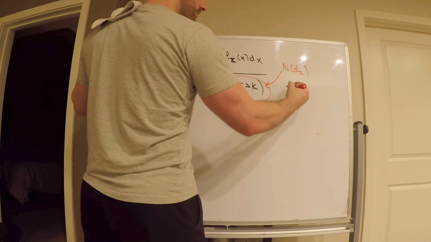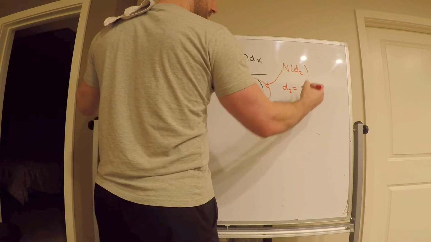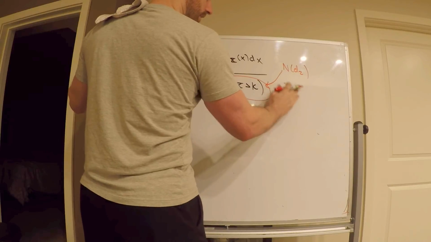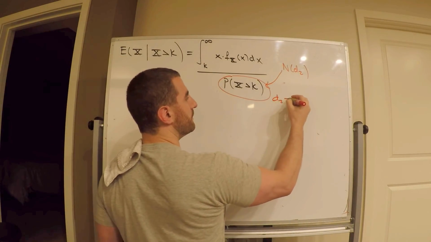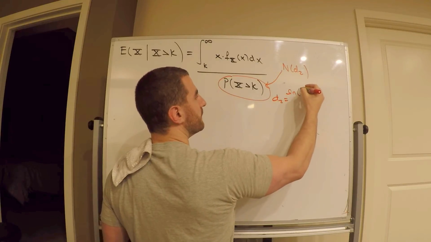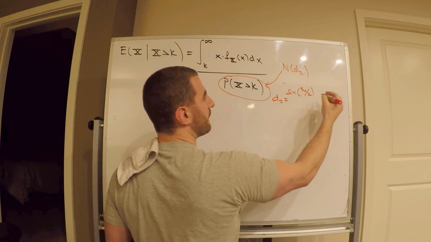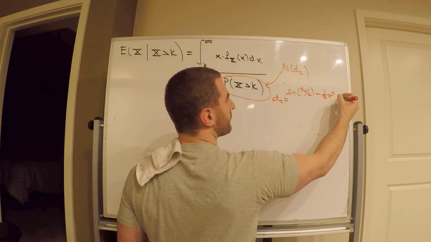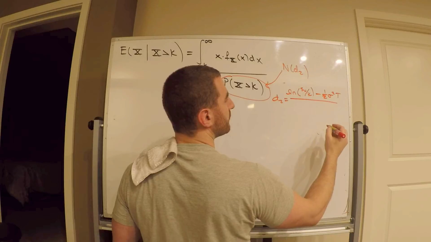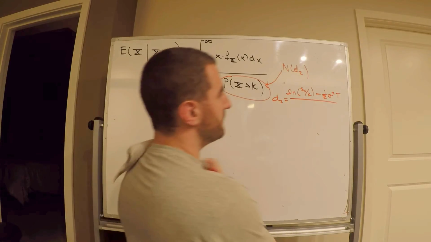This is where d2 is equal to, this is easy peasy. I'm just going to write it real quick. d2 is equal to ln of S0 over K minus a half sigma squared T. I'm missing something.